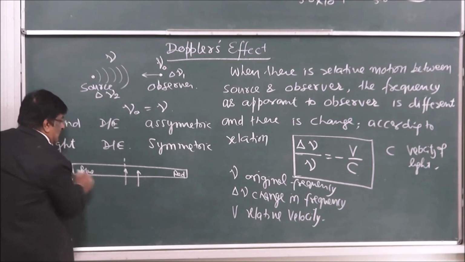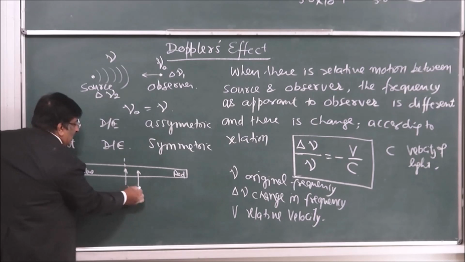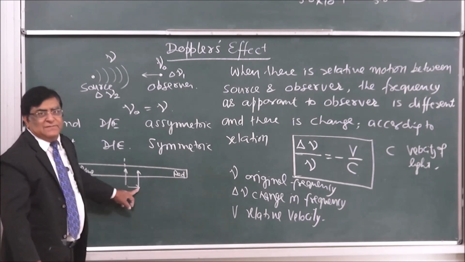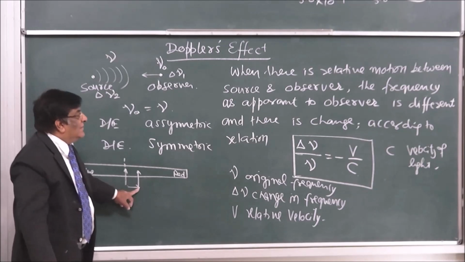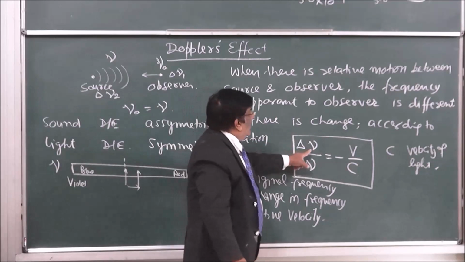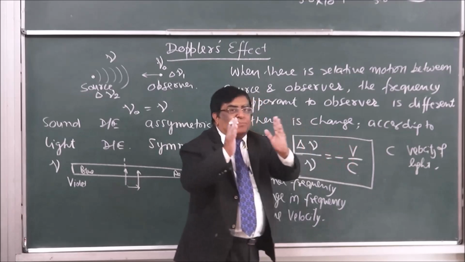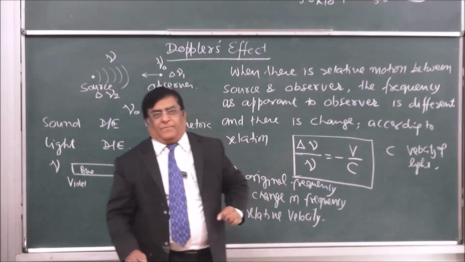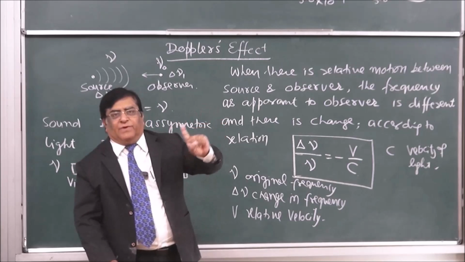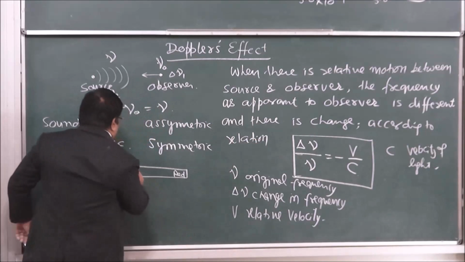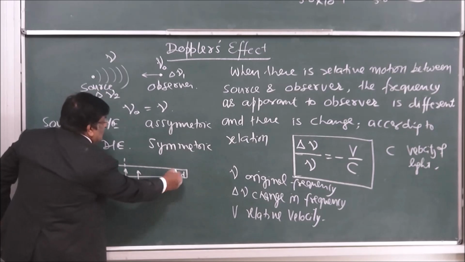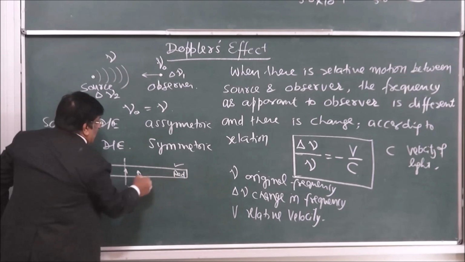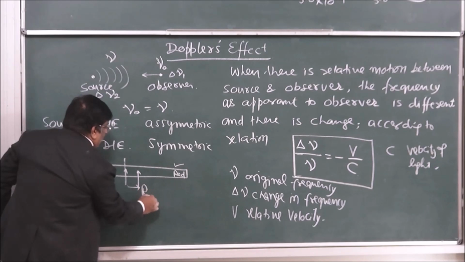What happened to frequency? This frequency has become less. If this frequency has become less, why? Answer, frequency become less when something has positive velocity moving away from me. So when a star is moving away from me, then its light moves towards red. Its spectrum shift towards red. So this I call red shift.